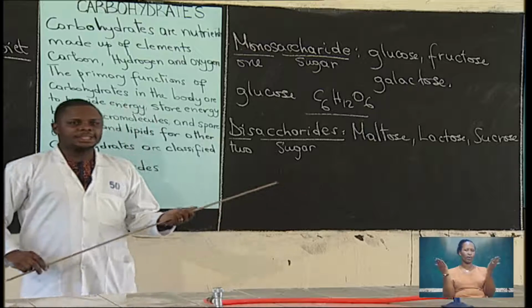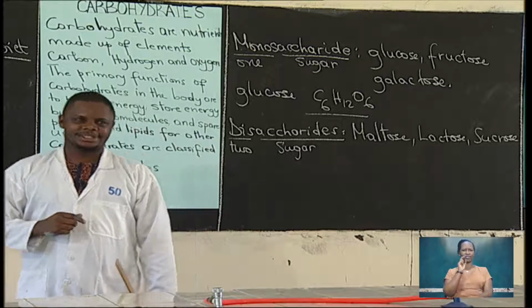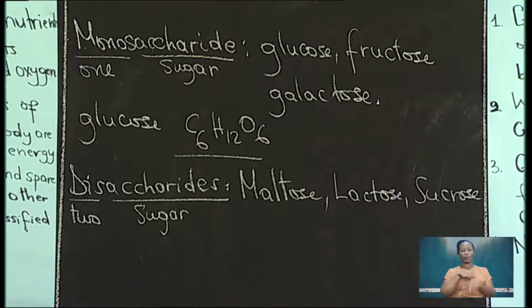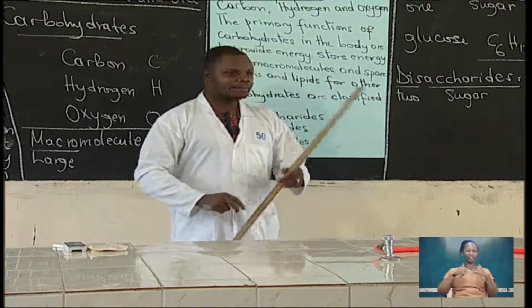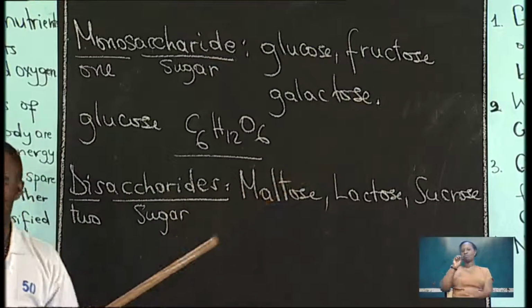Where do we find sucrose? We can find sucrose in sugarcane. Have you ever eaten a sugarcane? That's where we can find sucrose. That sweetness you enjoy when you are eating sugarcane comes from sucrose.